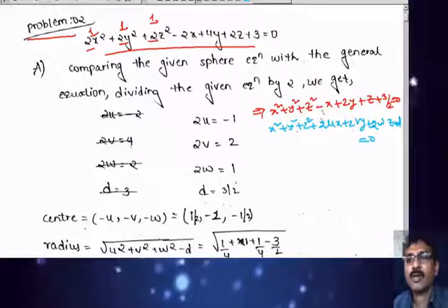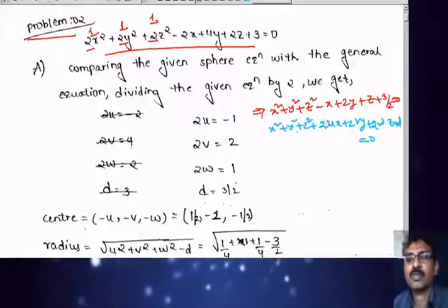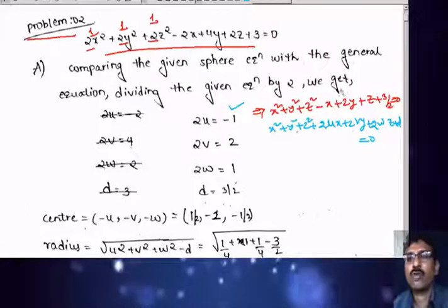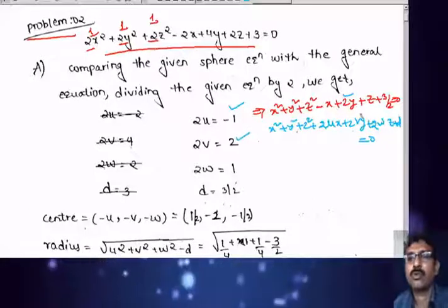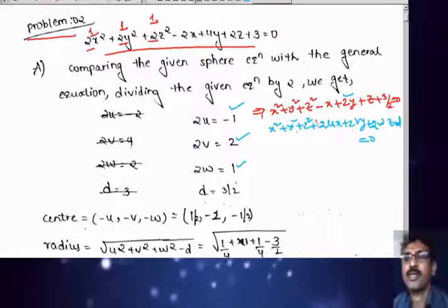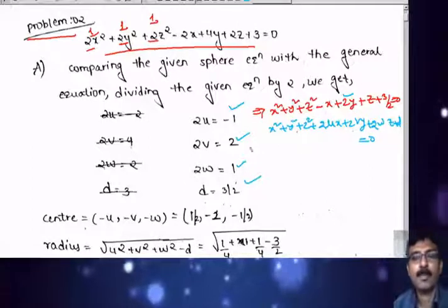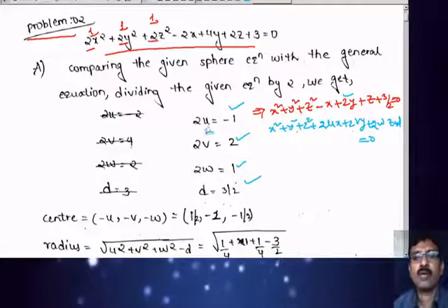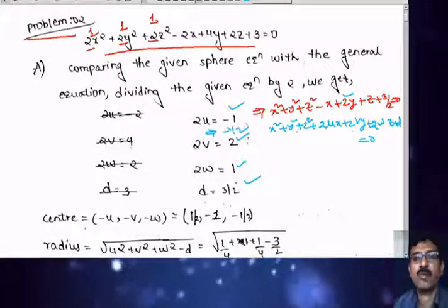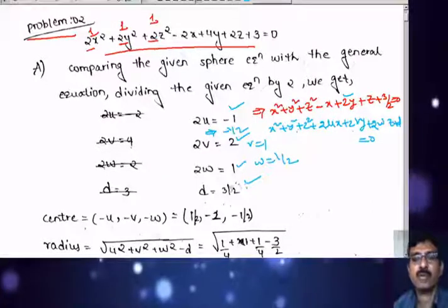The x coefficient here is minus 1, so 2u equal to minus 1, 2v equal to 2, 2w equal to 1 and d is 3 by 2. Therefore u equal to minus 1 by 2, v equal to 1, w equal to 1 by 2 and d is 3 by 2.